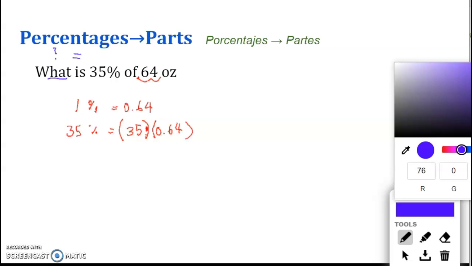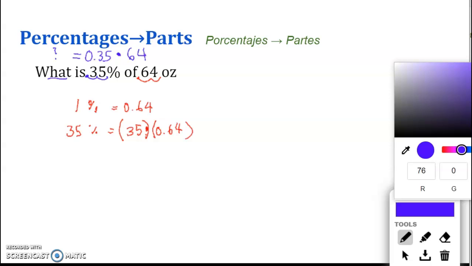35%, we need to convert percentage into decimal. Remember, converting percentage to decimal, you need to move 2 places to the left. So that's going to be 0.35. So 0.35 is equivalent to 35%. Of, when you see of, that is the same as multiplication, of 64 ounce.